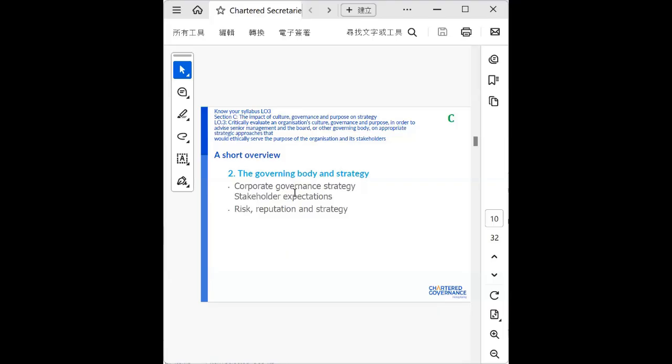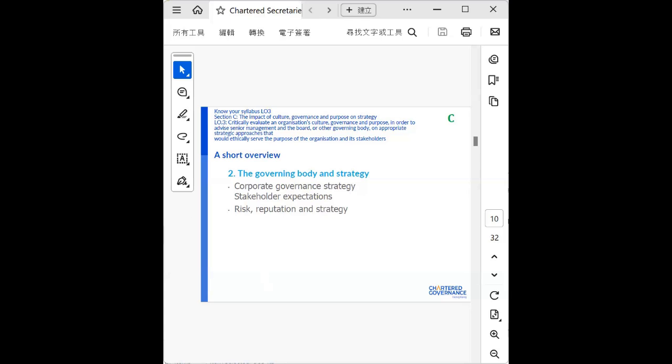Risk management is central to governance, involving identification, evaluation, and mitigation of different risks: financial risk, operational risk, and reputational risk.